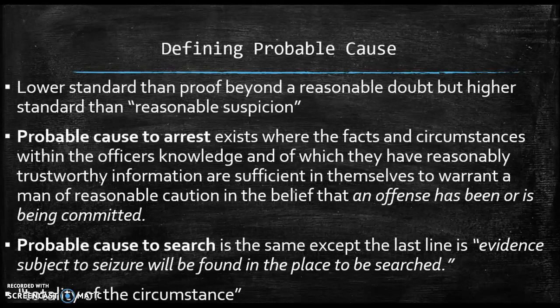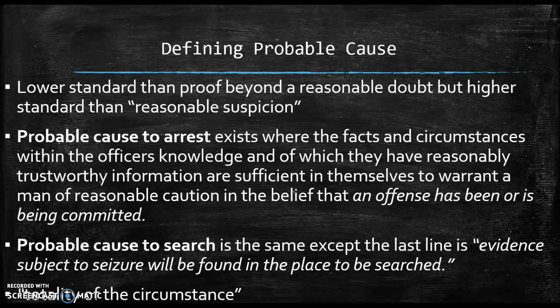Again, here's the Fourth Amendment, defining probable cause. It's a lower standard than beyond a reasonable doubt, but higher than reasonable suspicion. Beyond a reasonable doubt is what's required for a criminal conviction; it's almost certain. Probable cause is different: you have a really good belief that it's going to happen, essentially based on the totality of the circumstances.